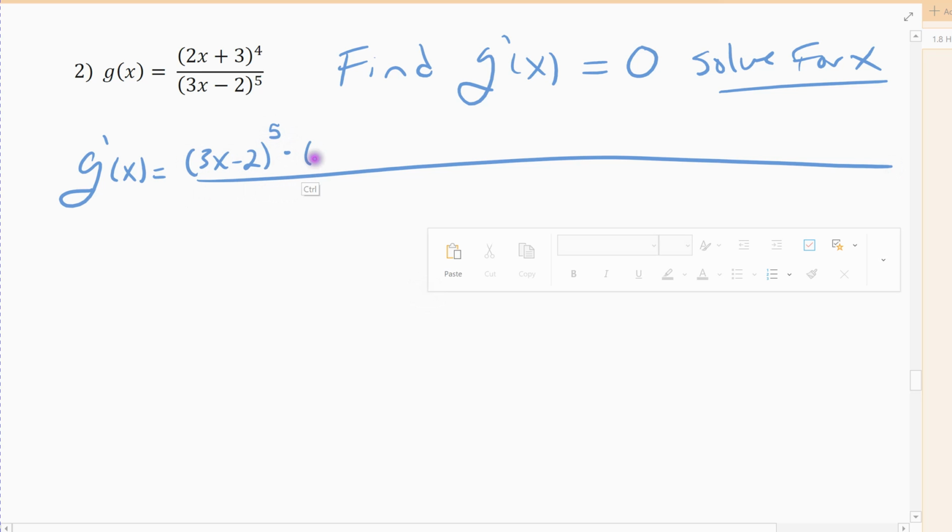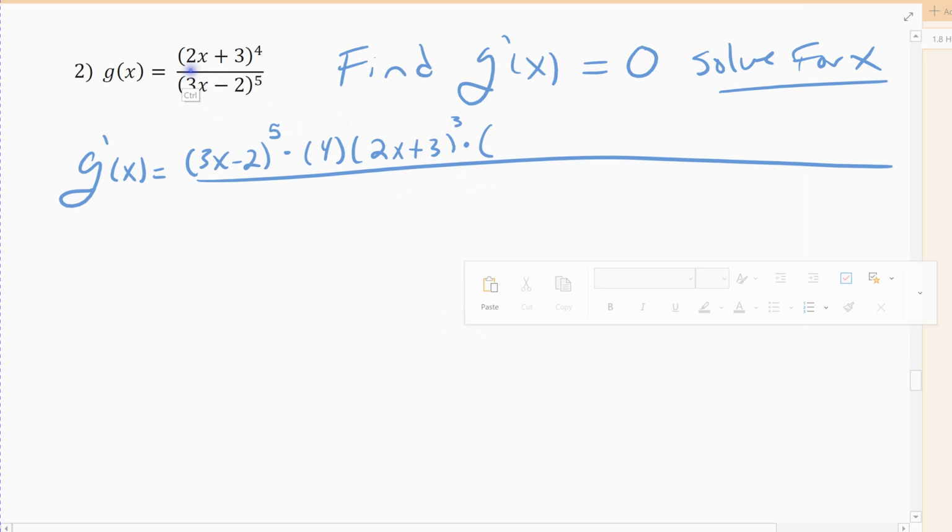The first thing I do is pull the 4 out, take the 2x plus 3 raised to 1 degree less, so that would be cubed. Not done yet, right? That's the outside. Now I take it times the derivative of the inside. So the derivative of 2x plus 3 is 2.